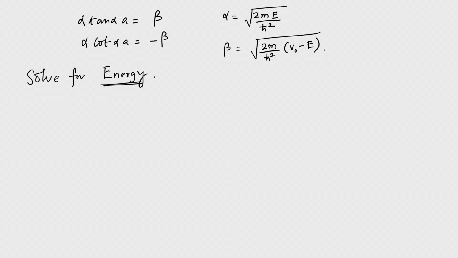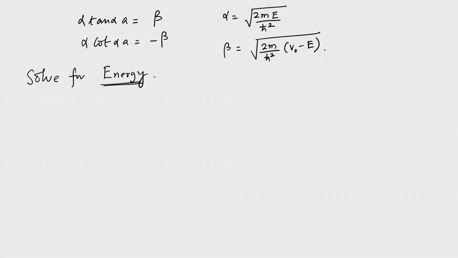Both the sides of the equation on either side of the equality sign involve this energy E. So, solving is somewhat non-trivial, and also given the fact that this alpha is present in the arguments of both tangent and cotangent, that makes the problem even more difficult.